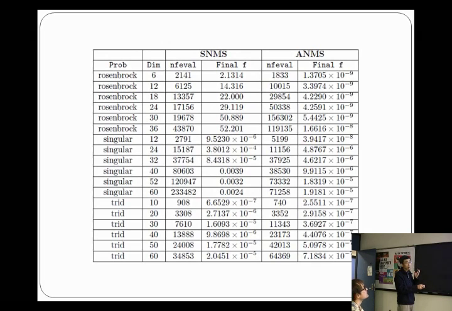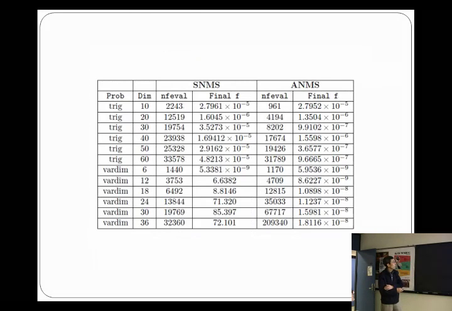It turns out that even for the new implementation on the Rosenbrock function, it still uses too many reflection steps. So one future research direction is to reduce the use of the reflection step. That's a research topic.